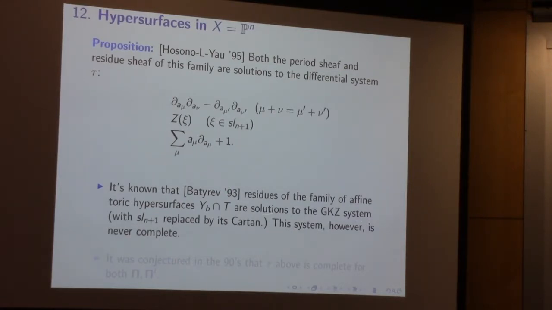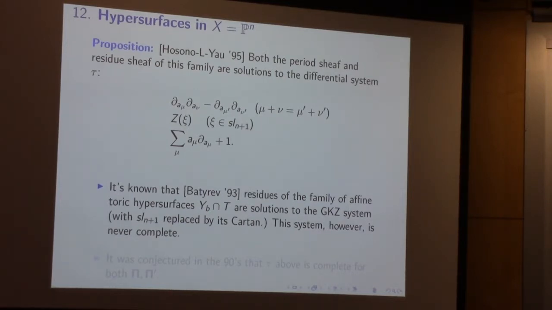It turns out that these periods and residues satisfy the so-called GKZ system, where you replace the SL2 by its Cartan. This was discovered by Batyrev in '93. Basically, his paper was the one that made the connection between mirror symmetry and the GKZ system via these toric hypersurfaces, these affine hypersurfaces.